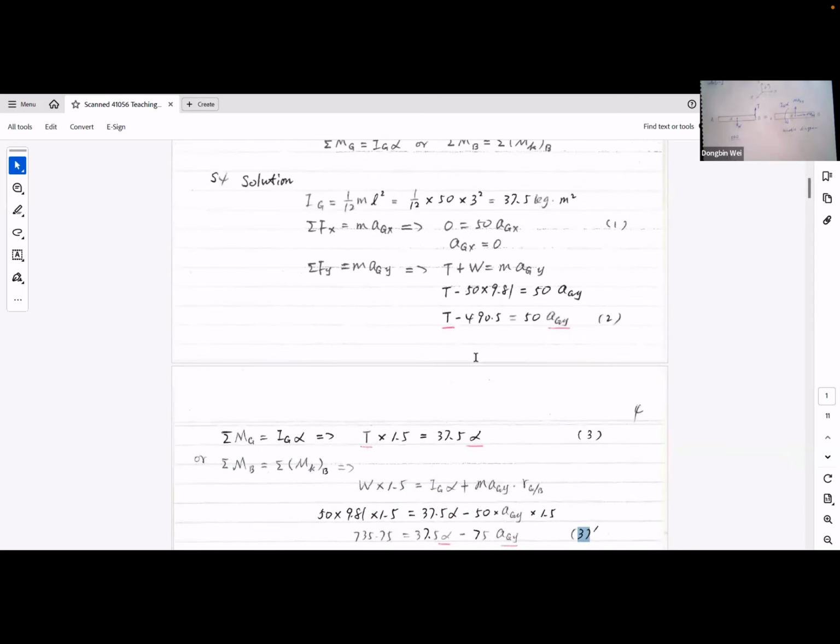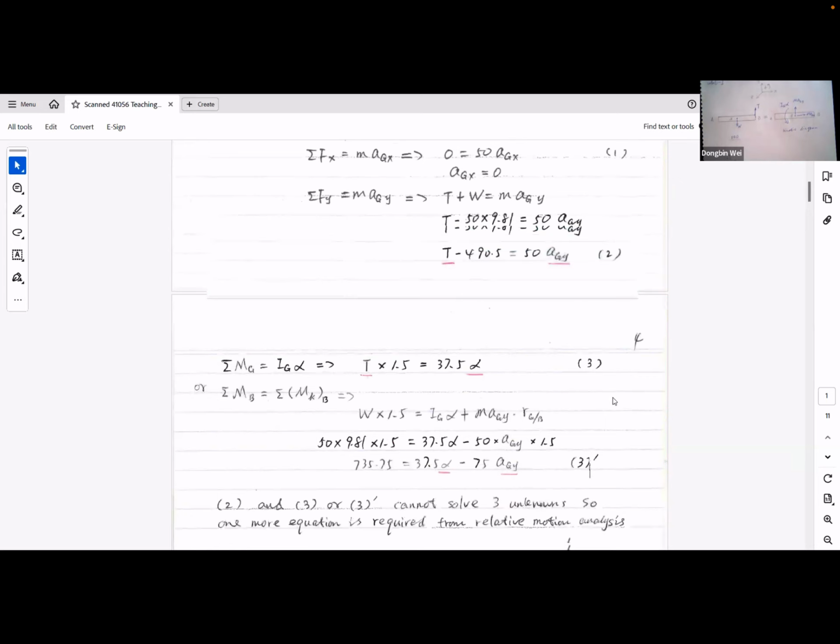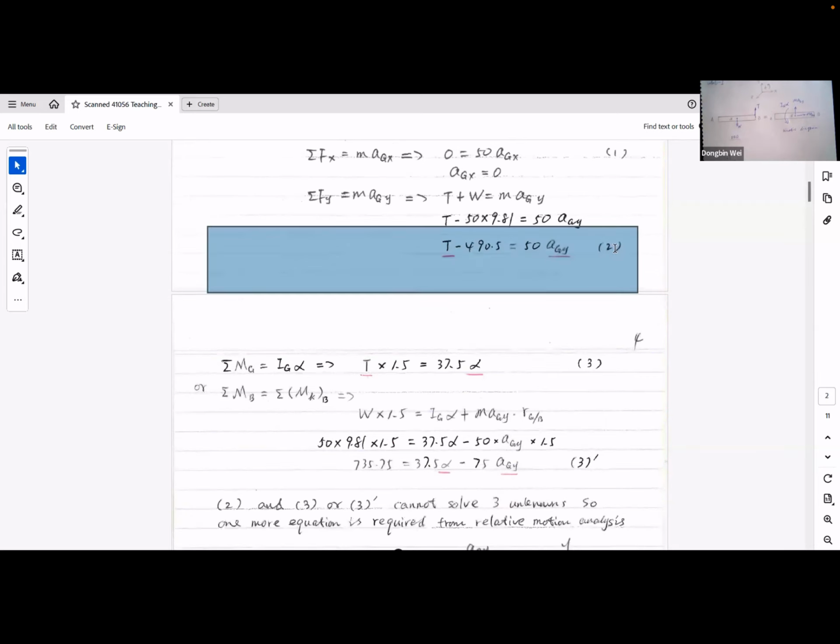Now, if we look at the equations we have worked out, we can see we have now equation 2 and equation 3 or equation 3 prime. Whatever, we have T, AGY, and alpha. We have 3 unknowns. We only have 2 equations to use now, but 3 unknown parameters we can't solve.